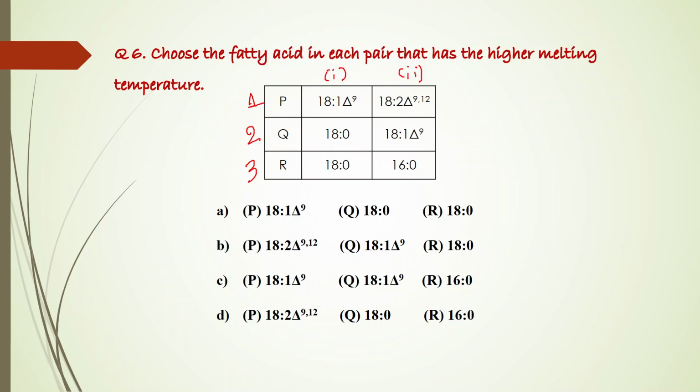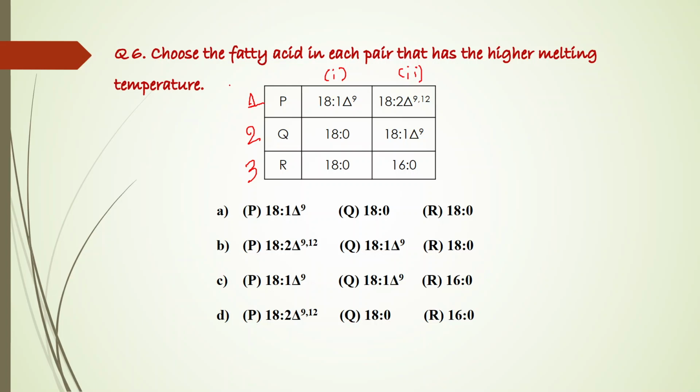So first of all, there are generally 2 ways we can designate the different kinds of fatty acids: delta designation and n designation. Now in this particular question, the designation mentioned is delta designation, because from this you can clearly see it is represented in delta designation.